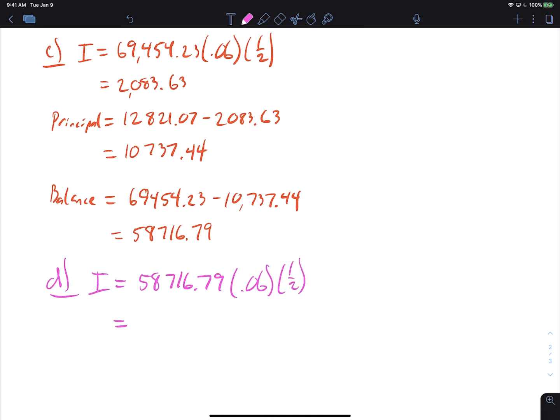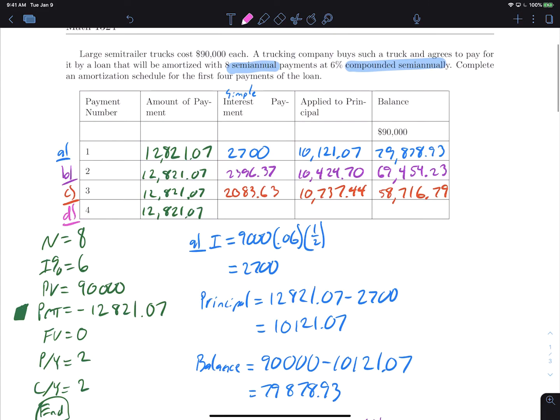So multiply that out, which gives us $1,761.50. Good. Notice that every single time the amount that's being applied towards the interest has decreased. That's exactly what we need, because we want the amount applied towards the principal to increase every time.